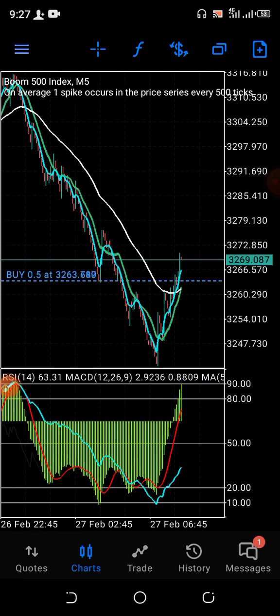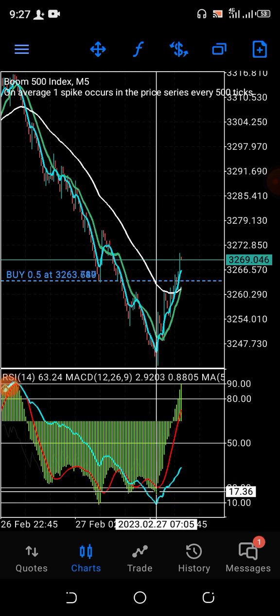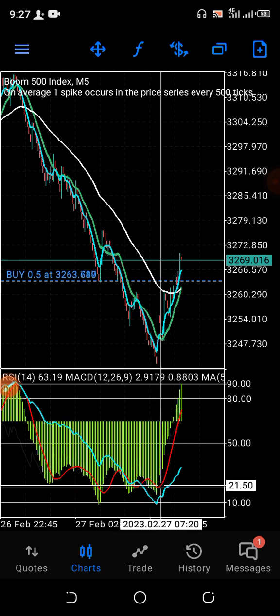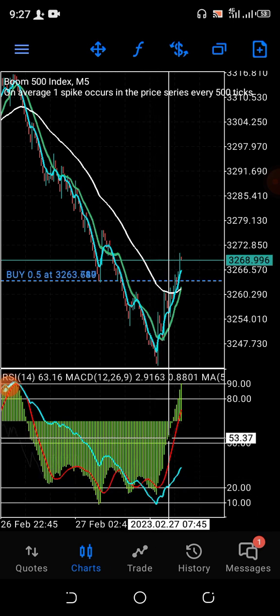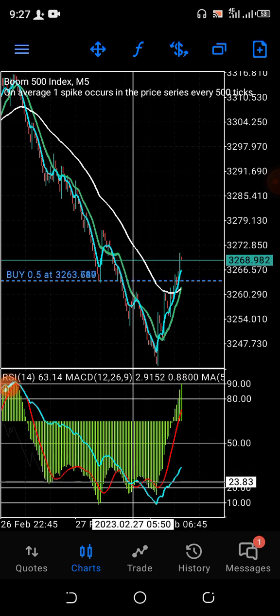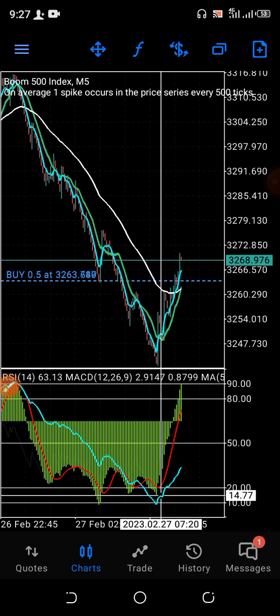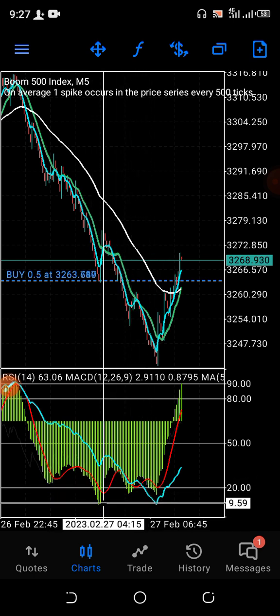If you look at the 5 minutes time frame, you notice that from here the 5 moving average has touched this place and the histogram has entered into the 20 level. Sometimes they don't respond to it, but it's a good sign, knowing that it's not going to go anywhere other than this.